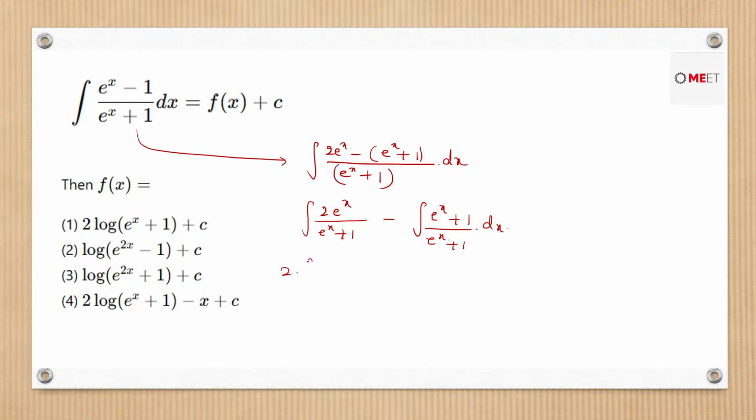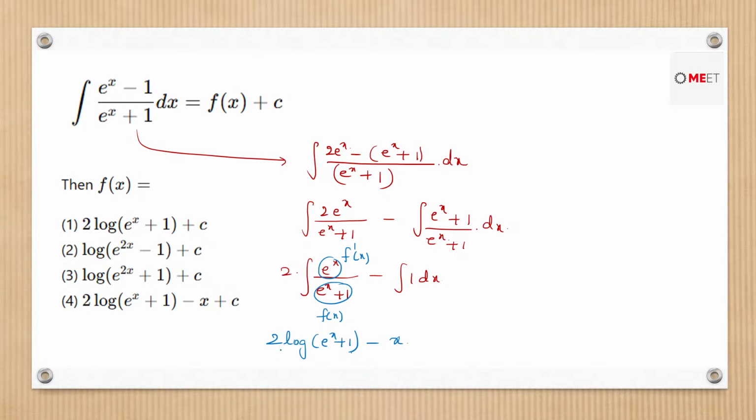So 2 can be taken out as common. This is e power x by e power x plus 1 and this is integral 1 dx. This is in the format of f dash x by f of x, which is nothing but log of f of x, that is log of e power x plus 1 into 2, minus integral of 1 dx is x.